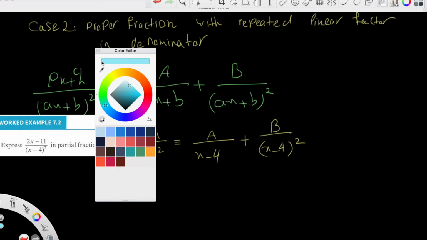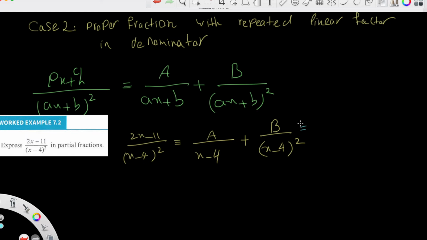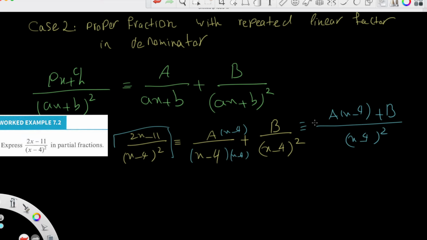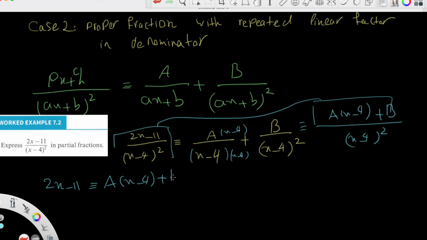Now, if I take a common denominator on the right hand side, it is to be multiplied by x minus 4. So it will be a times x minus 4 plus b over x minus 4 squared. Now consider these fractions in order to find a and b. So 2x minus 11 should be equivalent to a times x minus 4 plus b.